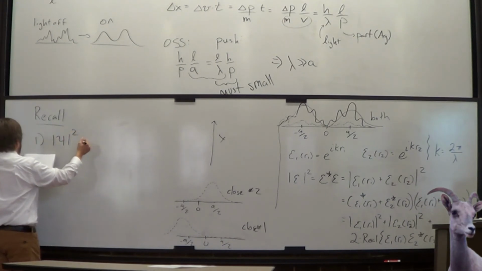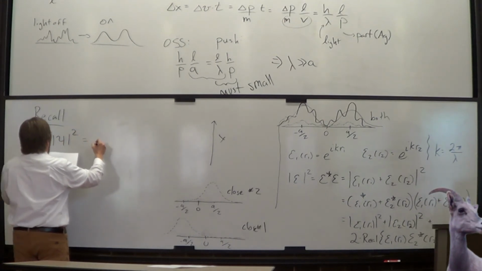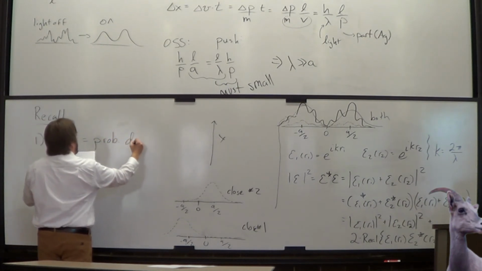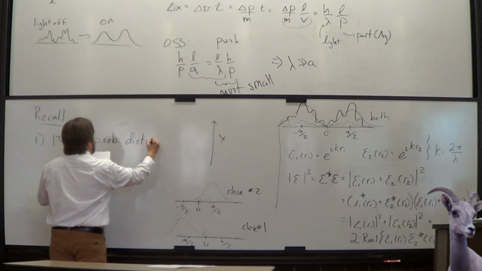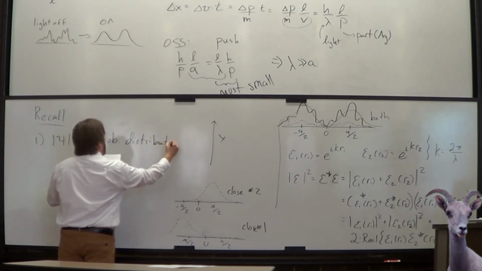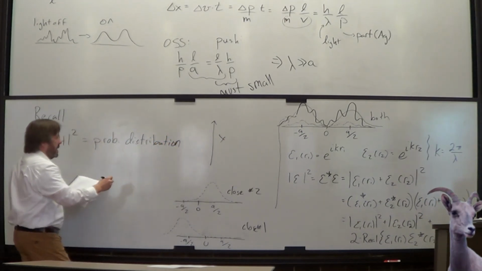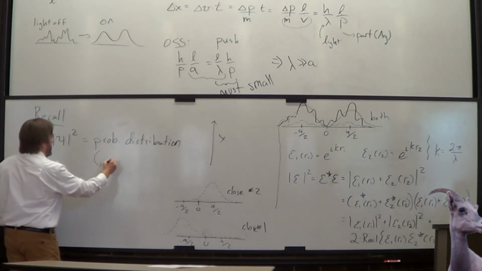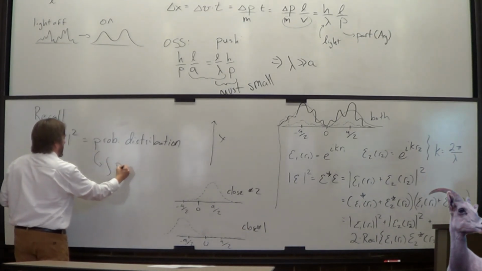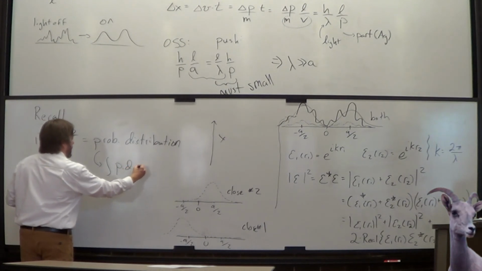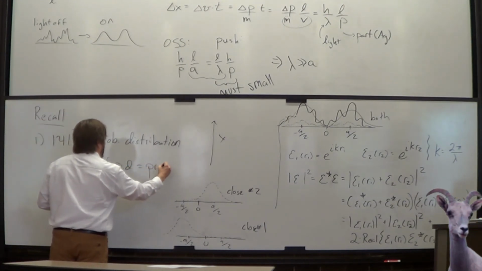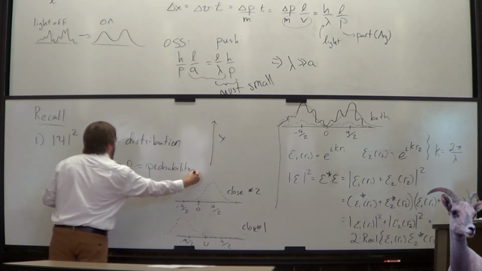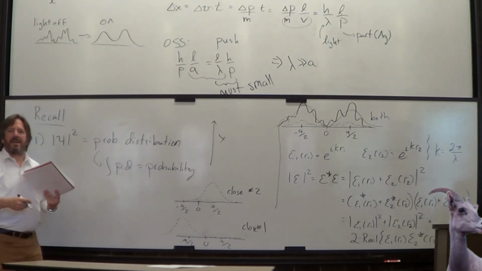So I remind you today that a wave function squared is a probability distribution. And a probability distribution means that the integral of a probability distribution is equal to probability. That's why sometimes they're called probability densities.